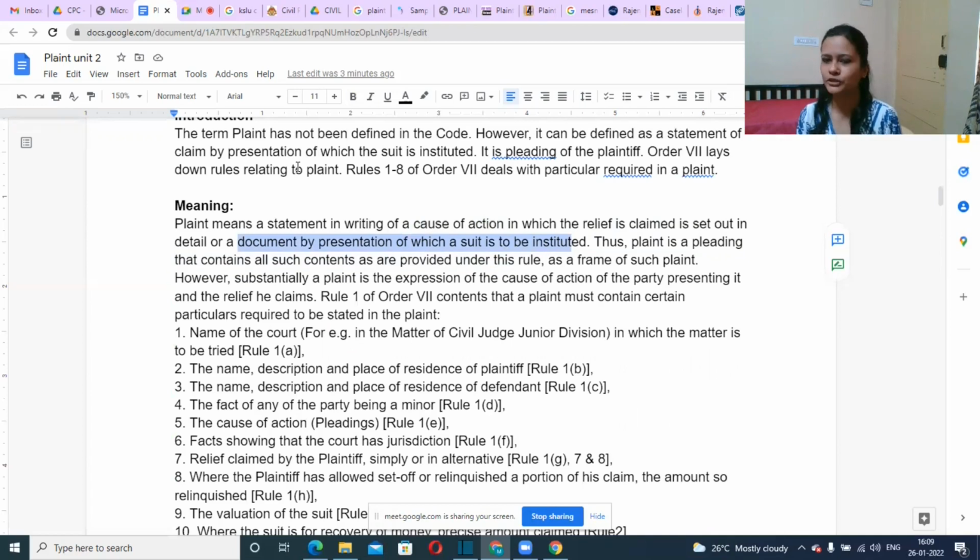There may be alternate options. You either ask for maybe restoration of property, or you simply take compensation, or you simply ask for performance of contract. So in such cases, it becomes very important that the type of relief which the party is seeking also has to be mentioned.